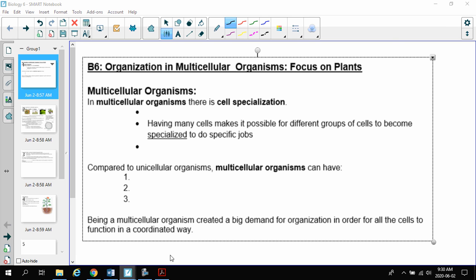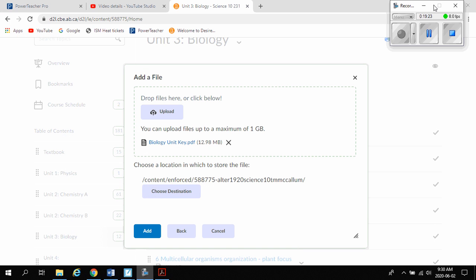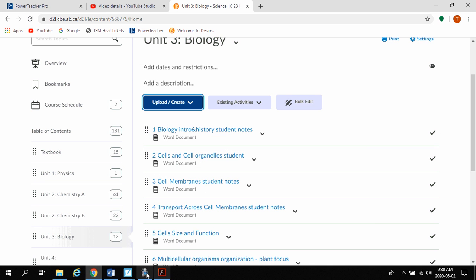It's my smart notebook that's the problem. Well, I fixed it by, sorry.